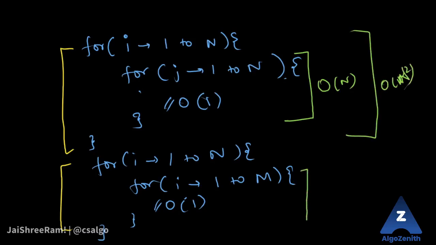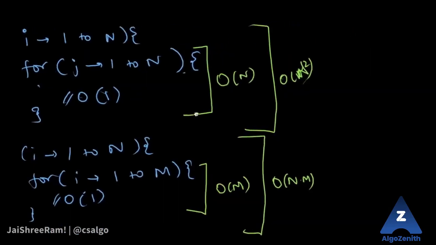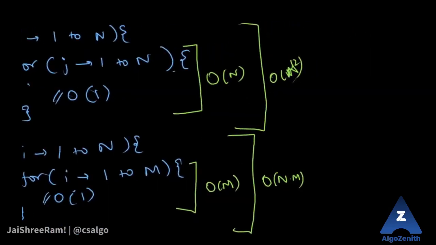Now this part is order m, right? And this part is order n times m, because order m work will be done n times, so this is n into m, right? Now there's a weird scenario over here that you have n square and n into m. How do you add that, right?